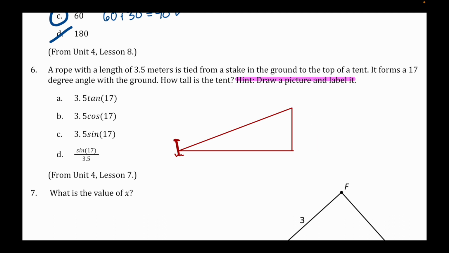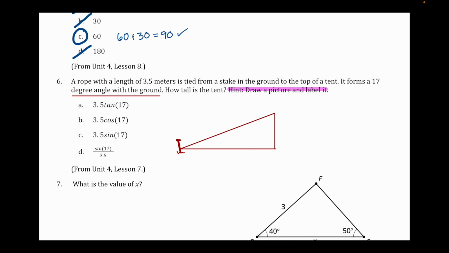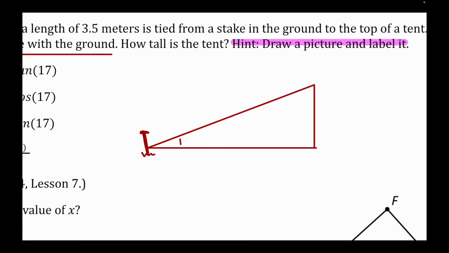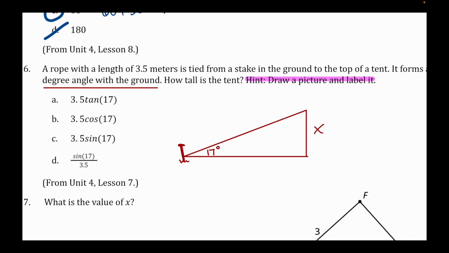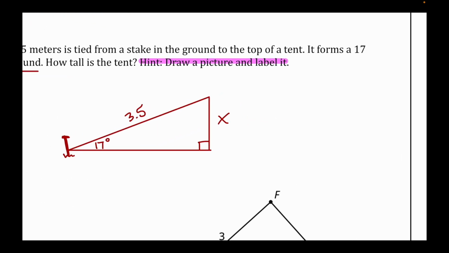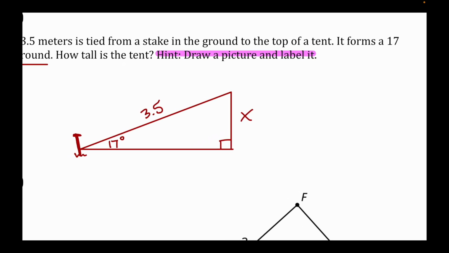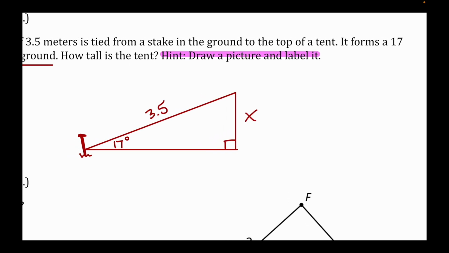They said the rope forms that angle with the ground, so that's 17 degrees. This is going to be 17 right here. They want to know how tall the tent is, and they gave us that this was 3.5 meters. With our right angle here, I'm just going to ignore what my options are for right now and just do this question.